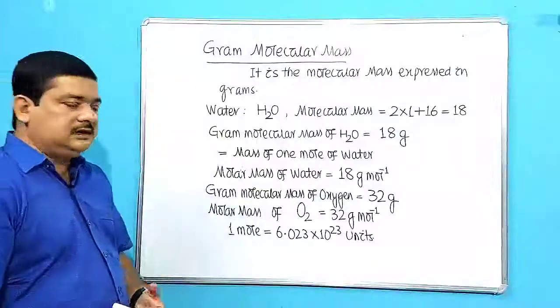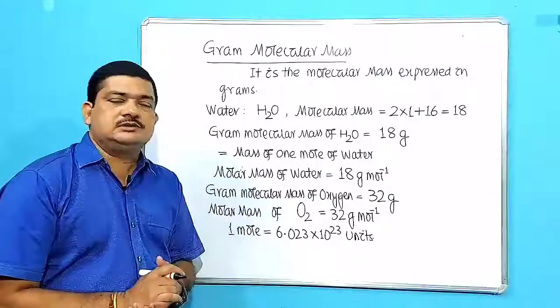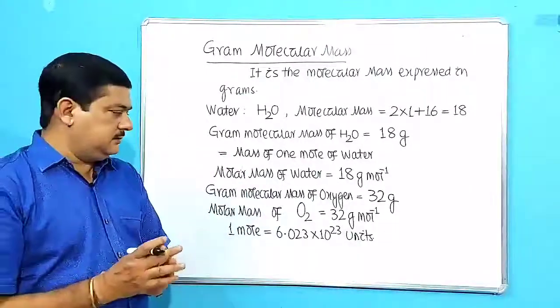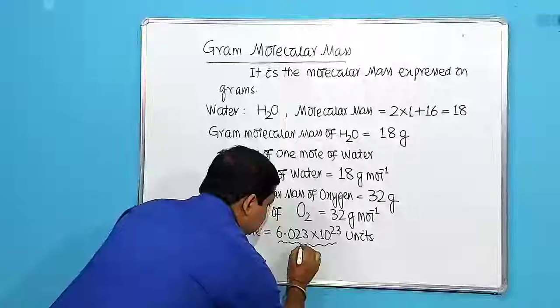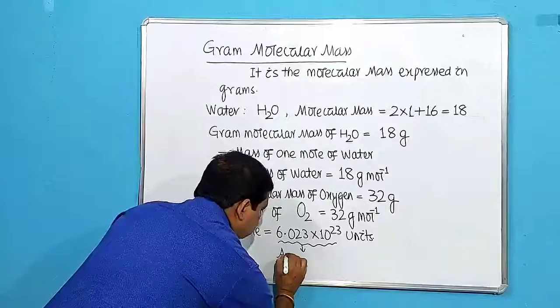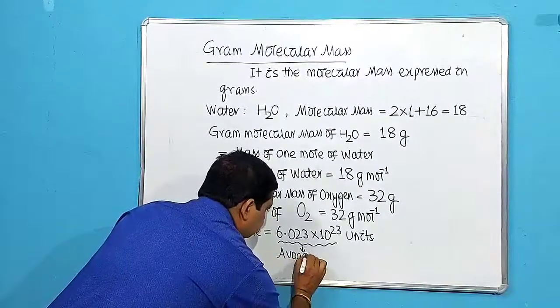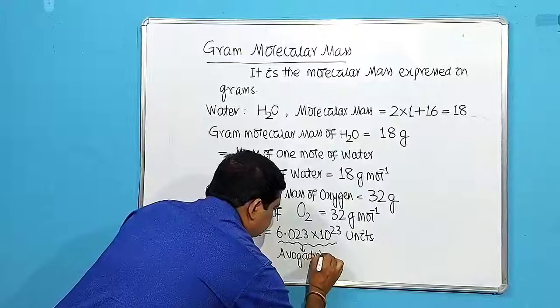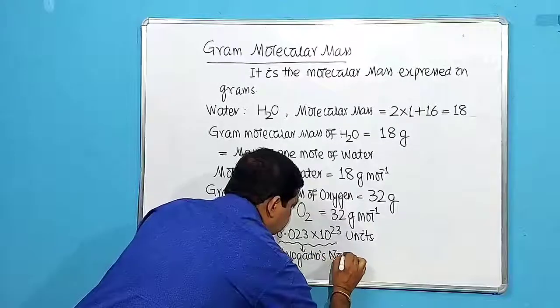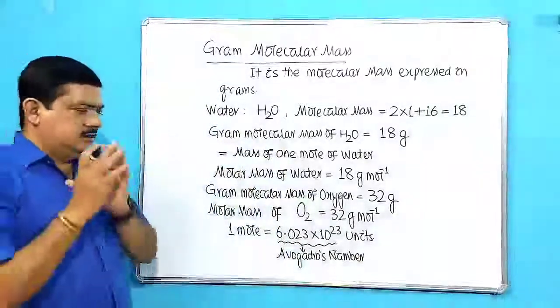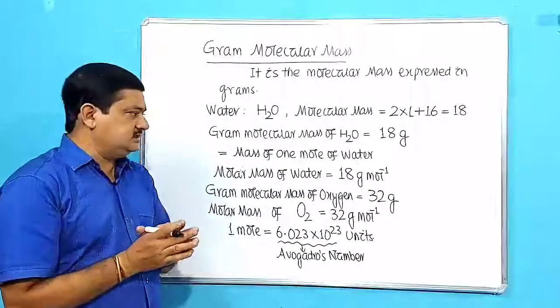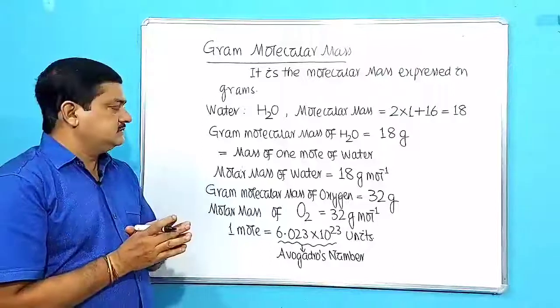In case of molecules, it will be molecules; in case of atoms, atoms into atomicity. This 6.023 into 10 to the power 23 is known as Avogadro's number. Need not worry, I will discuss these things in detail.